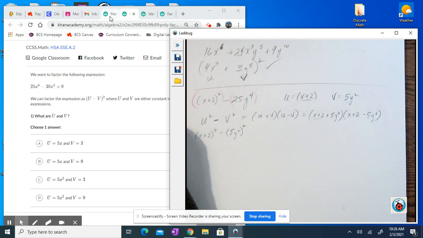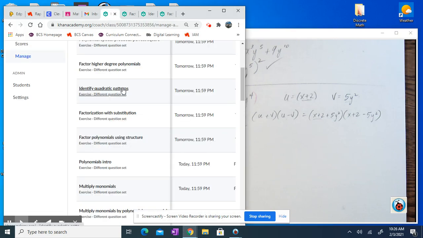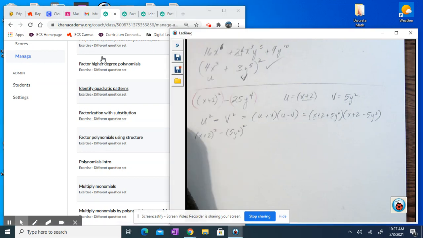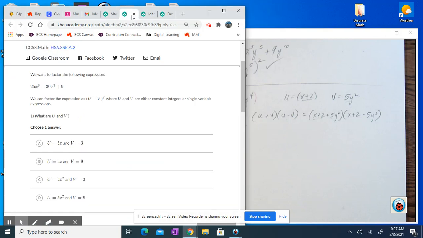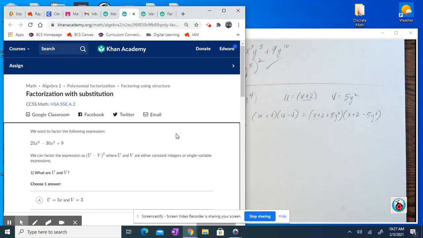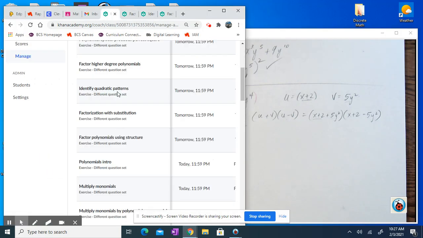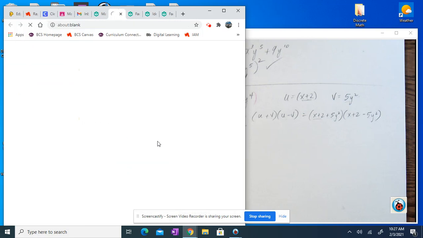Okay, let's go to the next one. That was factorization with substitution, I believe, wasn't it? Let's see. Yeah, that was factorization with substitution. So factor polynomials using structure.